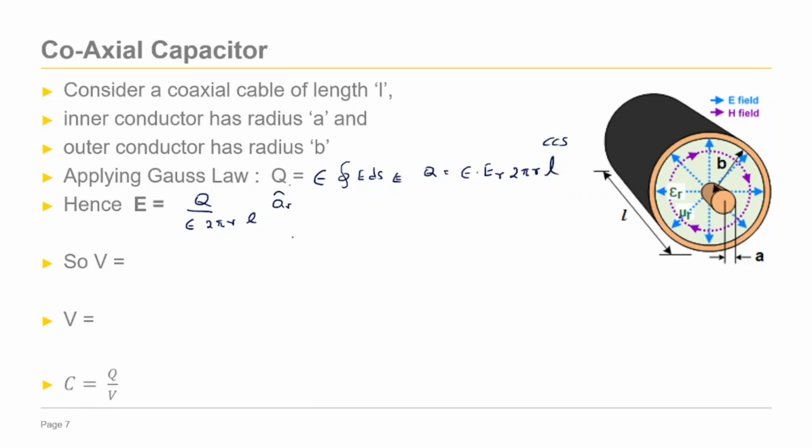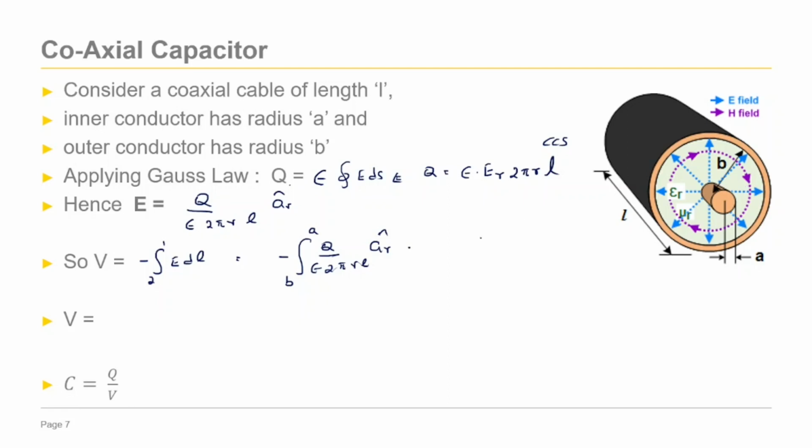So this is just a rearrangement of whatever we did. Now that we have our electric field, we can compute the potential as negative integral from 2 to 1 of E dl. In this specific case, we're going to integrate from b to a of E, which we know is Q divided by epsilon times 2 pi R L in the AR direction, times the differential length.